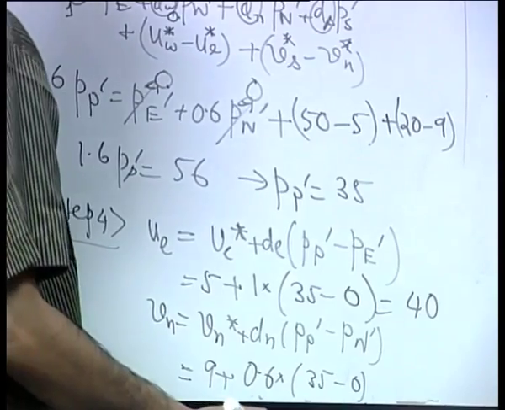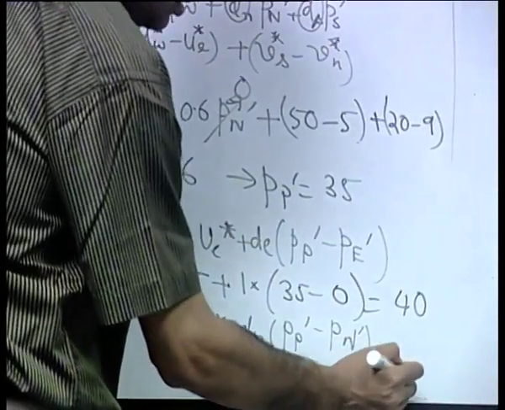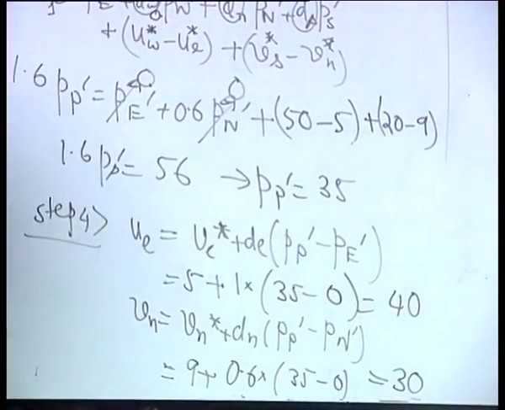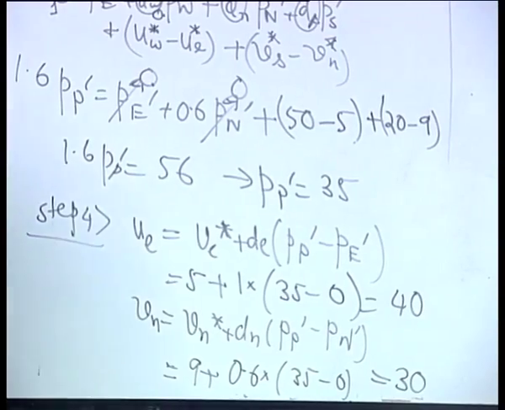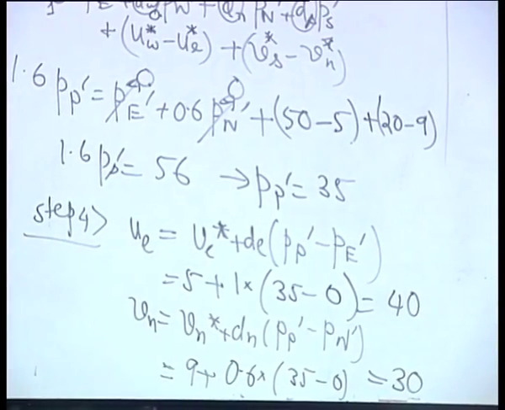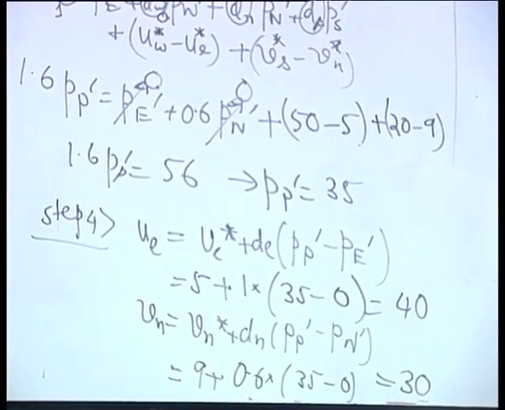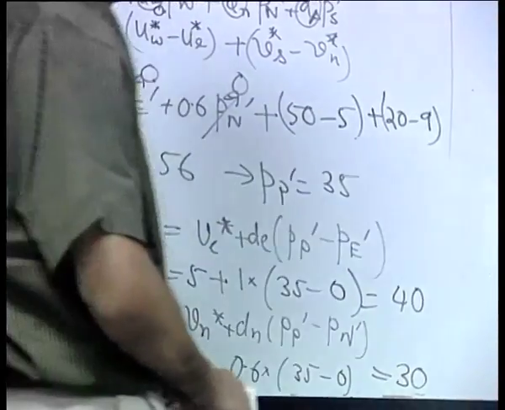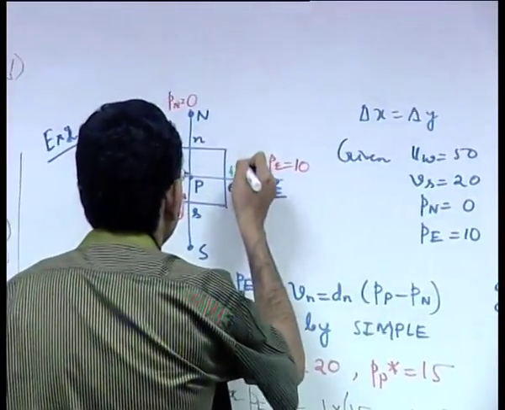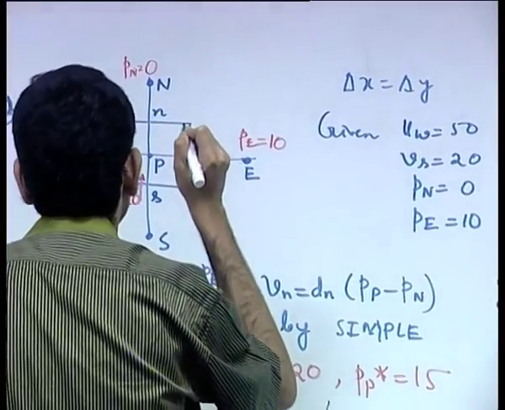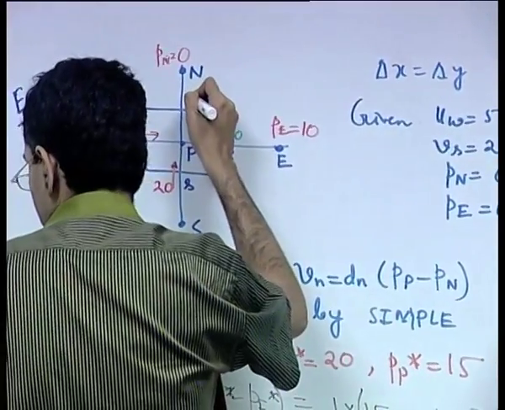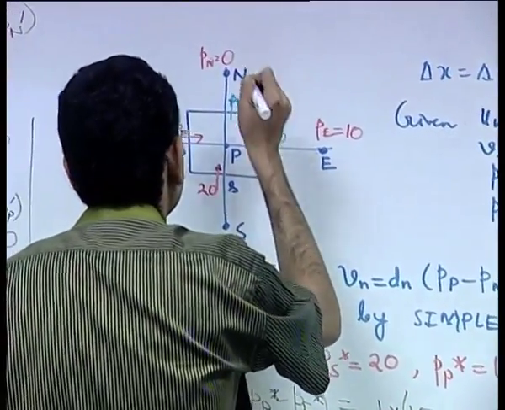So what will be this? 30. So the unknown velocities we have obtained as the new UE equal to 40, and the new Vn equal to 30.